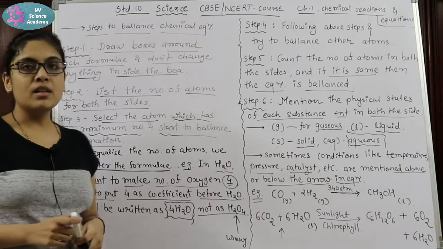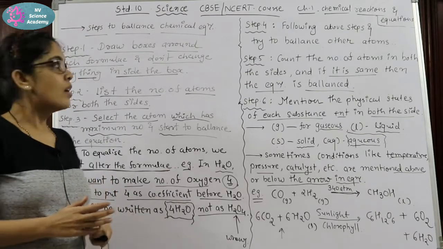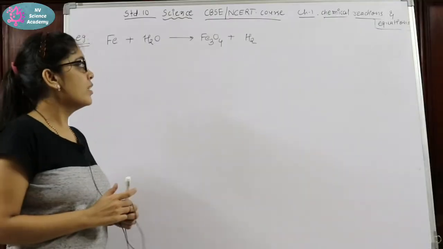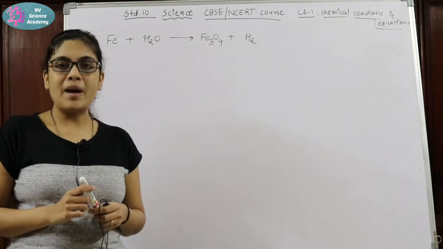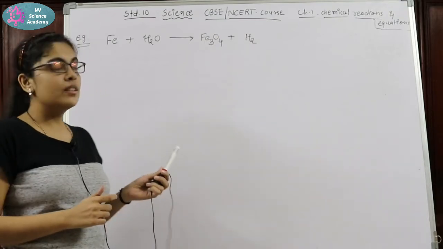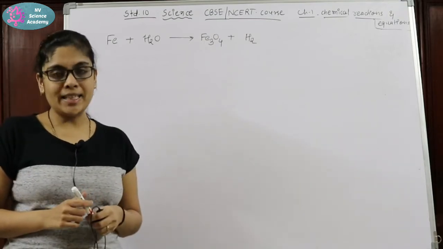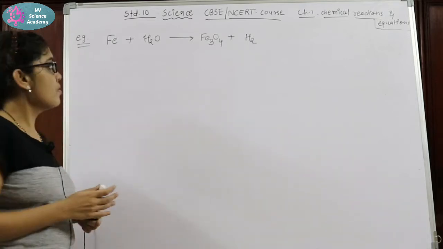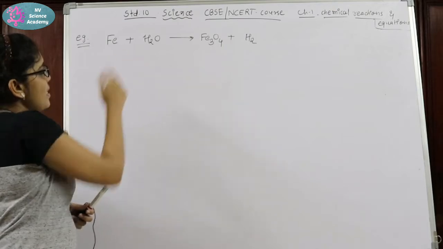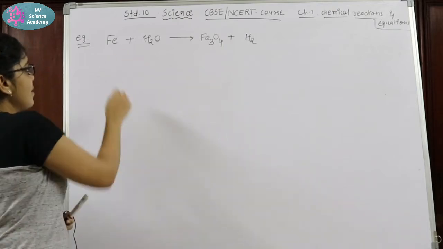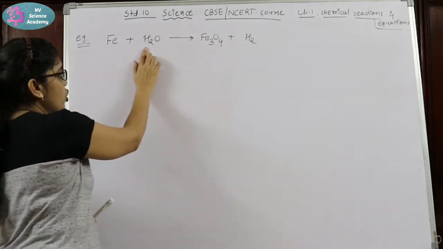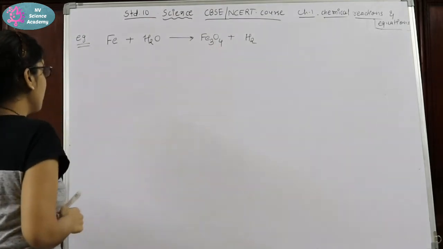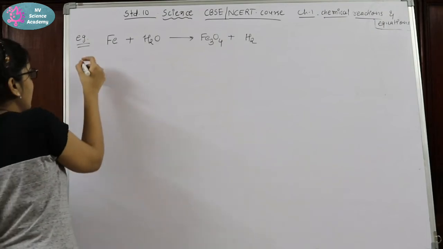Now we will study some examples using these steps. Last time we studied the steps to balance an equation, and this method is called the hit and trial method. So using those steps we try to balance this example. The example is Fe plus H2O, it gives Fe3O4 plus H2. So what will be the first step to balance the equation?